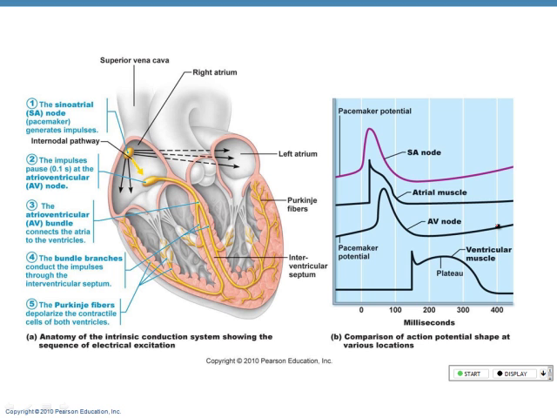So the sinoatrial node is going to be the beginning of the impulse that's going to cause the atria in a wave to contract. That message is then going to get sent down to another group of cells that are going to then continue the wave of impulse. And that is going to be the Atrioventricular Node.